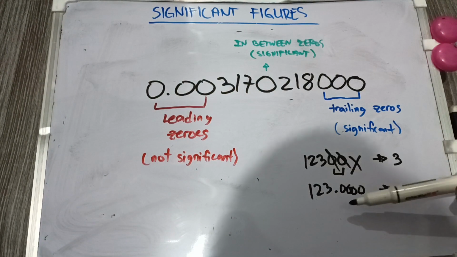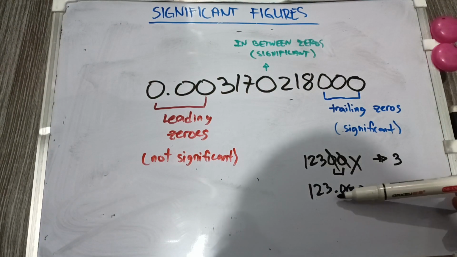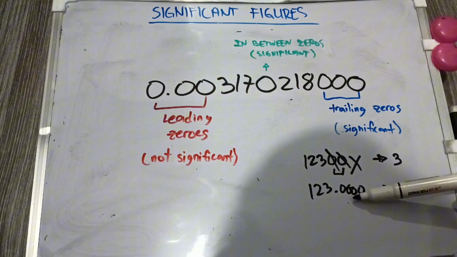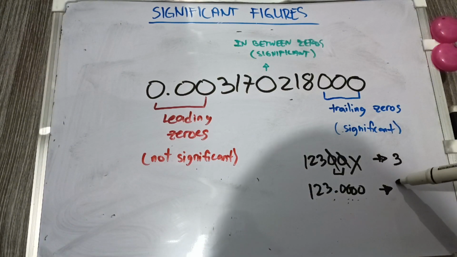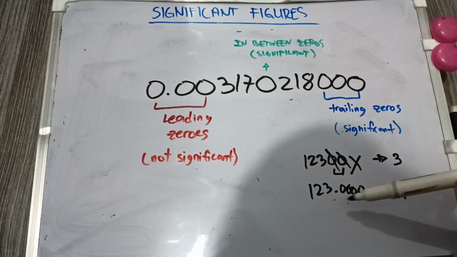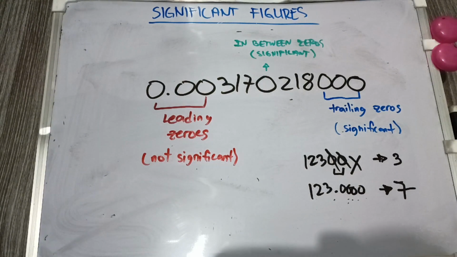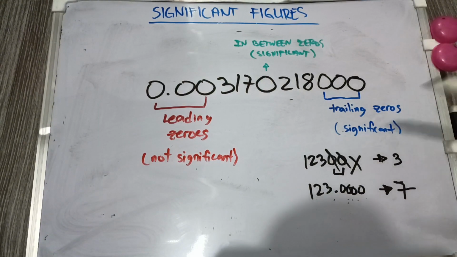So the zeros in here are significant, so we can count 1, 2, 3, 4, 5, 6, 7. So the number of significant figures in this example is 7. I hope you understand this simple trick so you can now get the right significant figures.